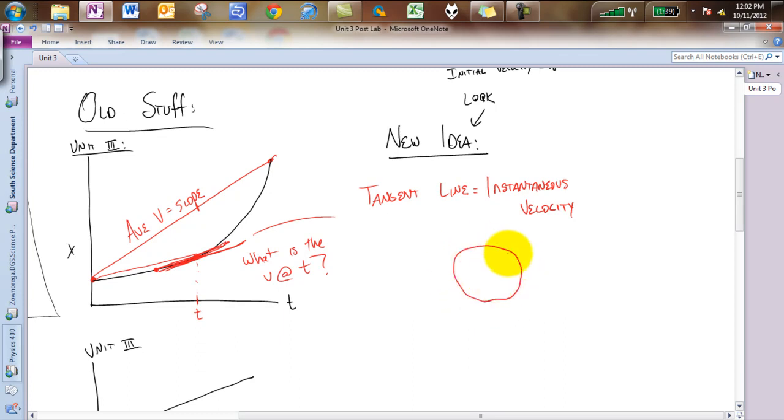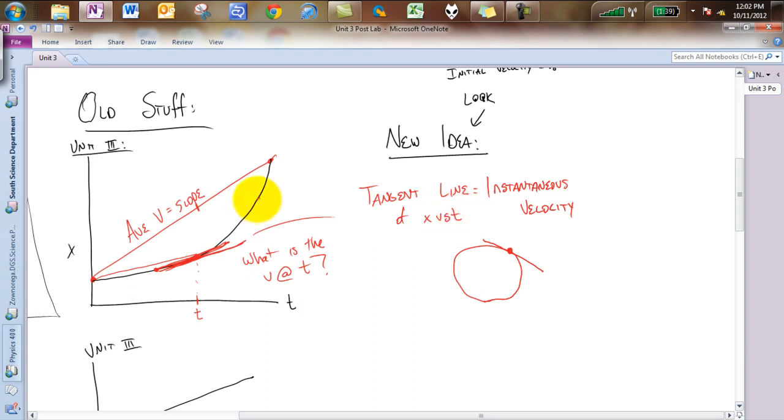If we have a circle and I said draw a tangent to that point right there, all what I would do is I would draw a tangent. Remember, it is only going to hit that circle at one single point. So new idea, the tangent line of the x versus t graph is representing the instantaneous velocity.